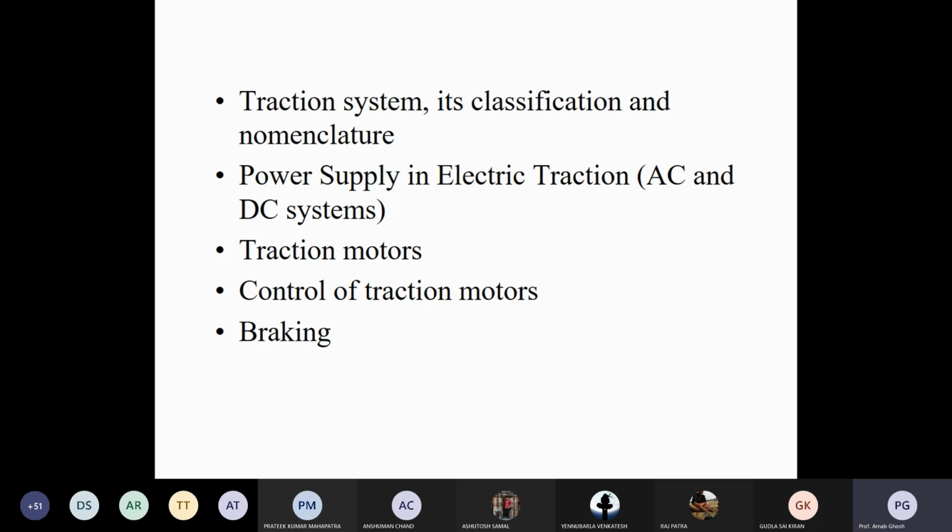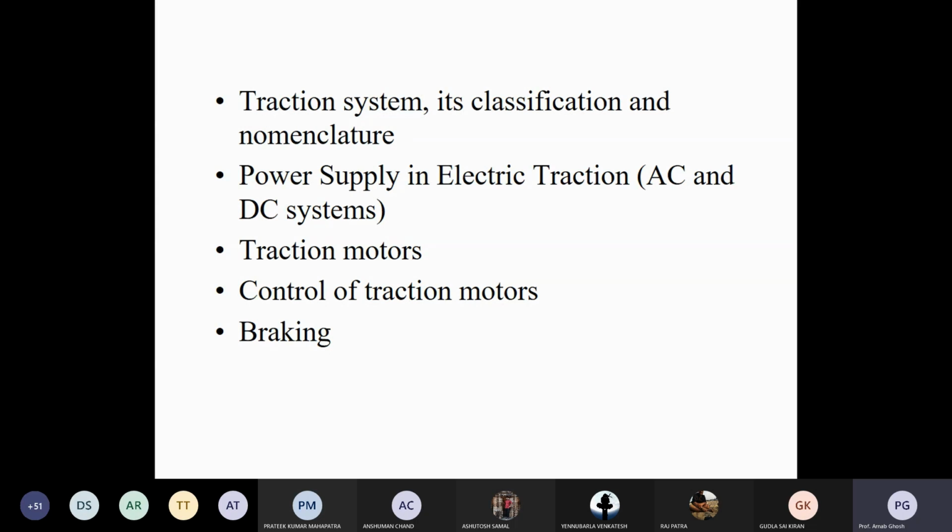But MEMU can go up to 150 kilometers or more, like 200 kilometers. The range of the EMU is 100 kilometers, but the range of the MEMU is more than 100 kilometers, a minimum of 150 and maybe a maximum of 200 kilometers.